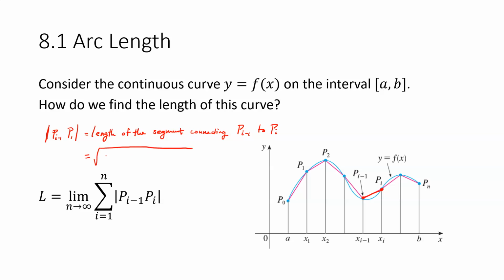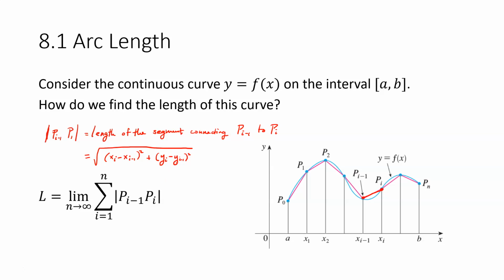It would be the difference in the x coordinates, so x_i minus x_{i-1}, squared, and then the difference in the y coordinates, y_i minus y_{i-1}, squared.